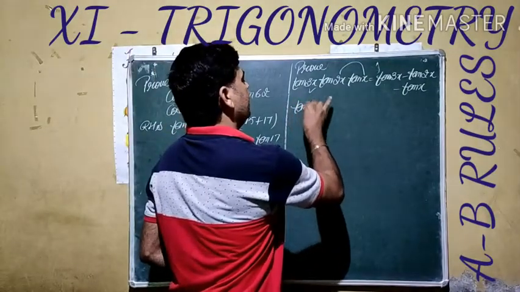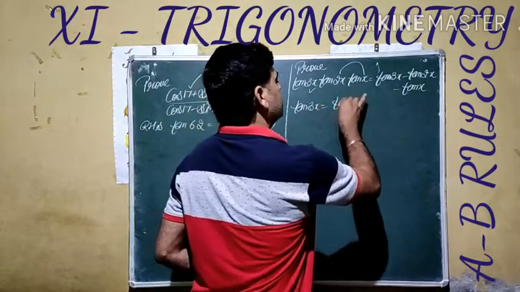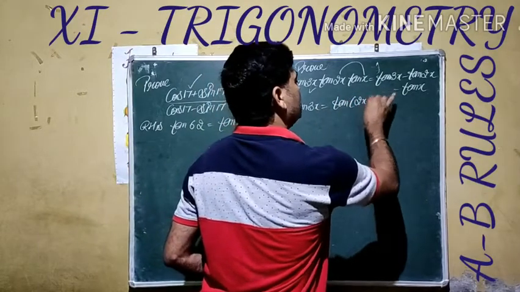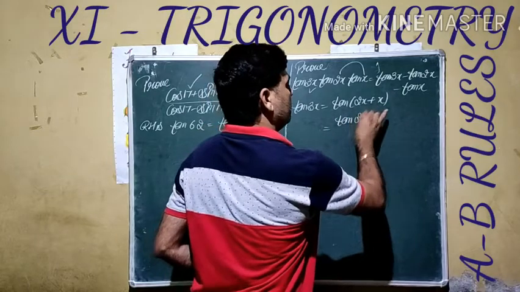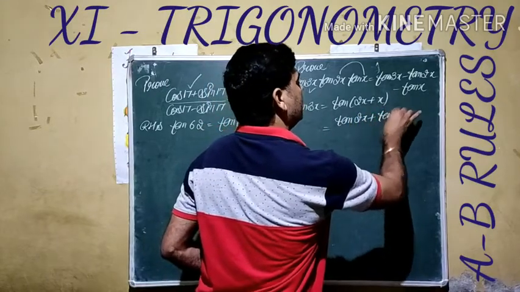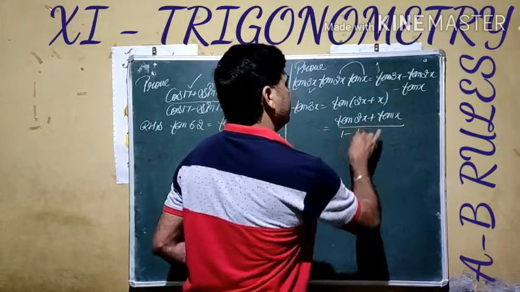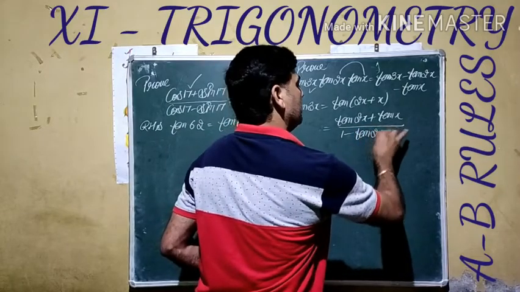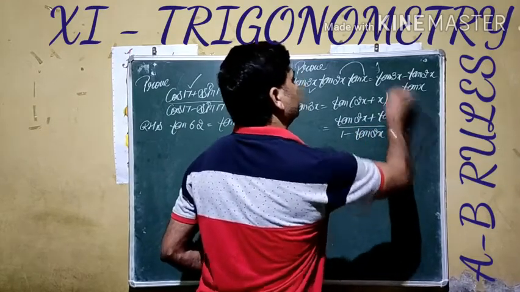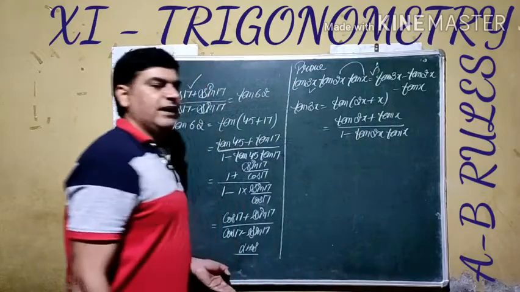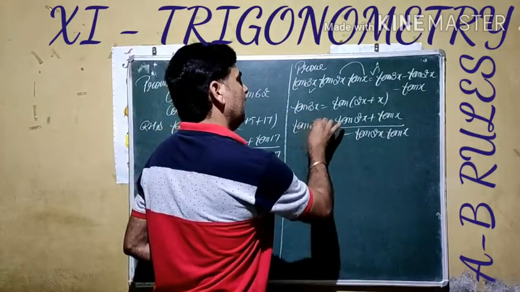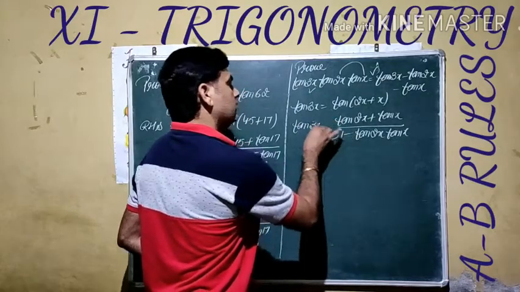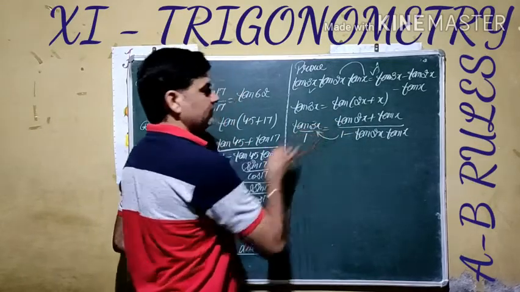Tangent 3x can be written as tangent of 2x plus x. Now using the identity, tangent a plus b can be written as tangent a plus tangent b divided by 1 minus tangent a tangent b. If you see here, there is an equal sign, so it is a comparison. We use the left hand side tangent 3x and cross multiply, because it can be taken as 1.